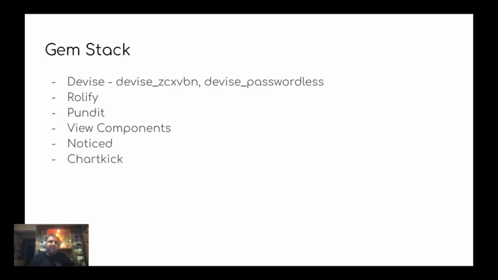Same goes for things like Noticed and Chartkick, and you had charts running in no time. I might have missed a couple of them, maybe pagination and stuff like that, but you get the point. The whole community around these gems is really strong, and they are so feature rich that you can pretty much build anything related to that particular feature.